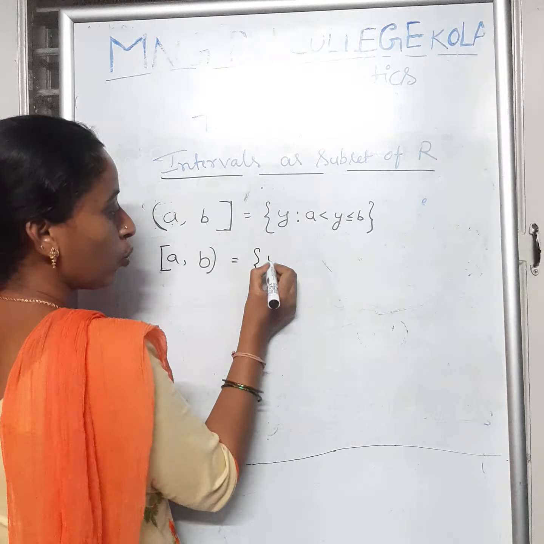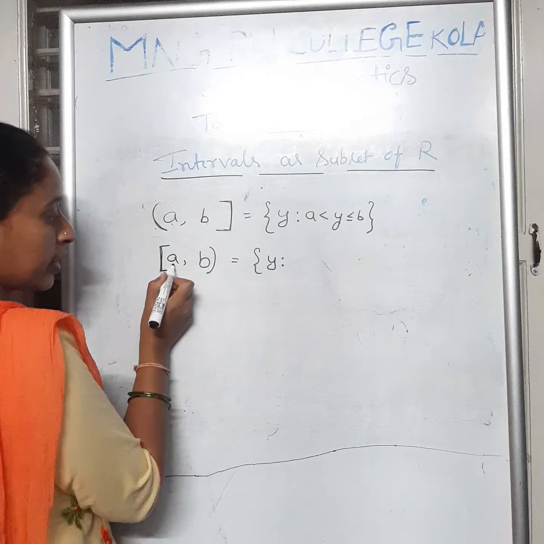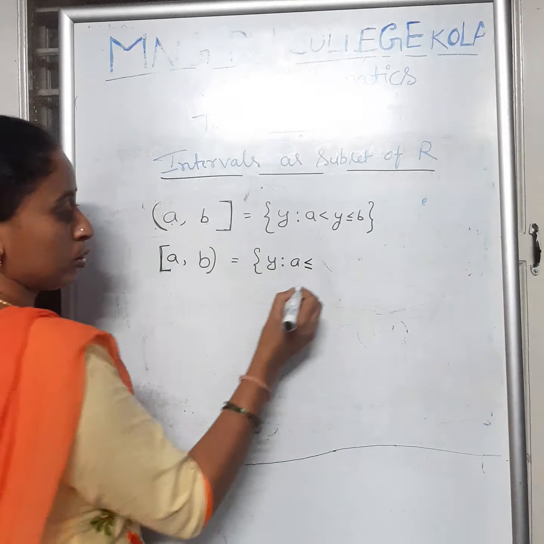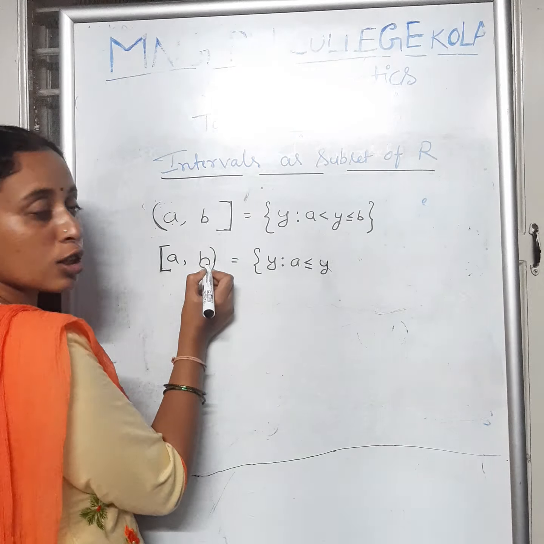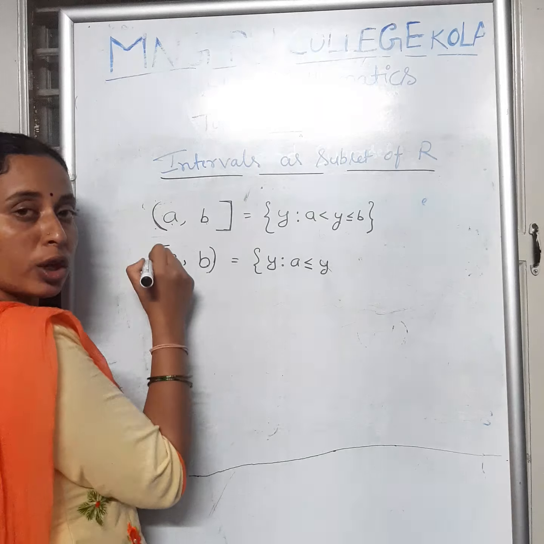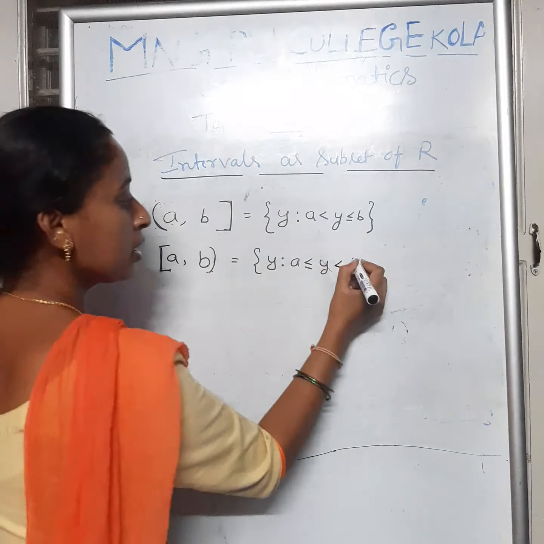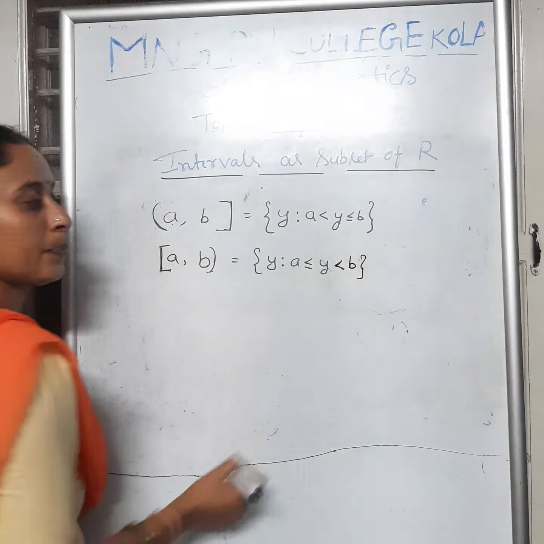That's why y such that, this is a closed interval, that's why including A. If including A, it means less than or equal to y. This is an open interval bracket, which means excluding B, that is leaving B and taking whatever comes inside B. That's why this indicates an open interval, less than, an open interval indicates less than, that's why b.